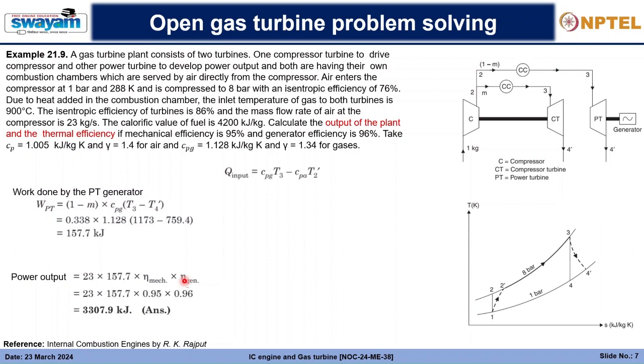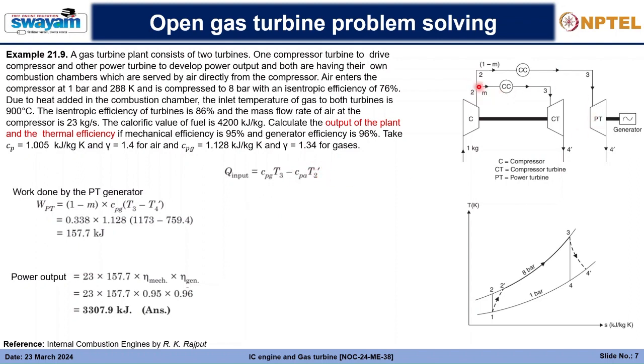Next, we need to calculate the thermal efficiency. For that, we need the heat input. The heat input will be CPG T3 minus CPA T2 dash. Why are these different?